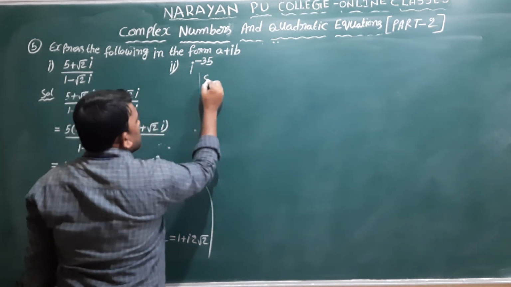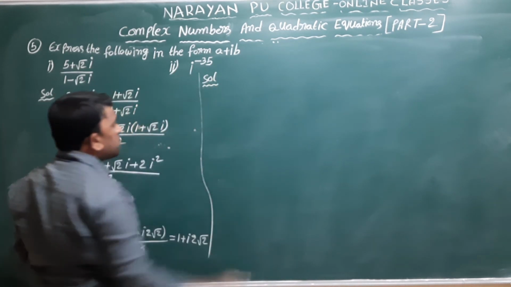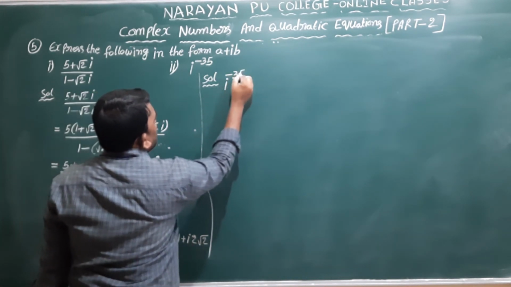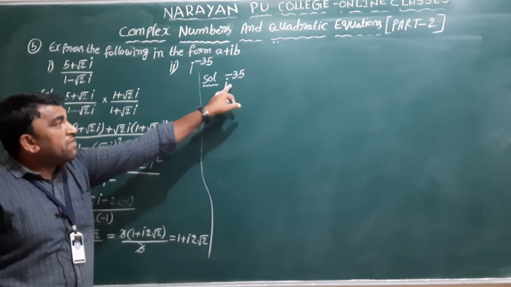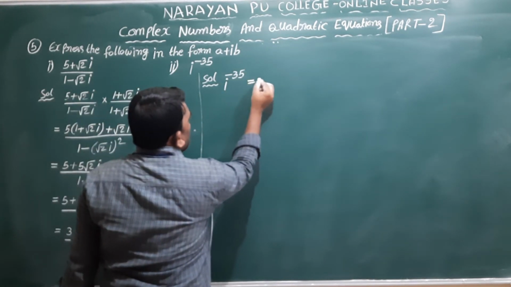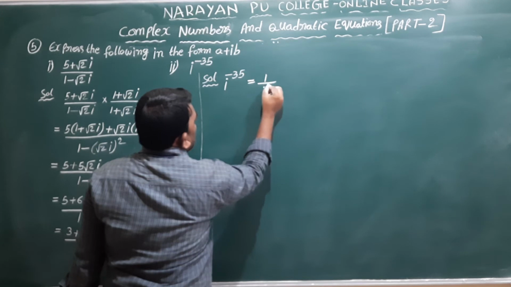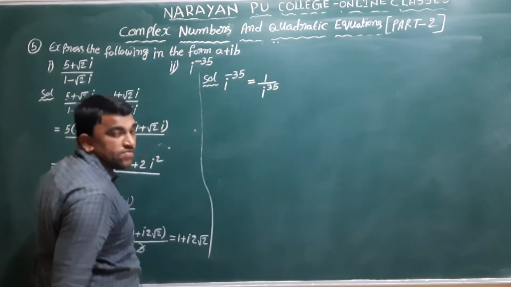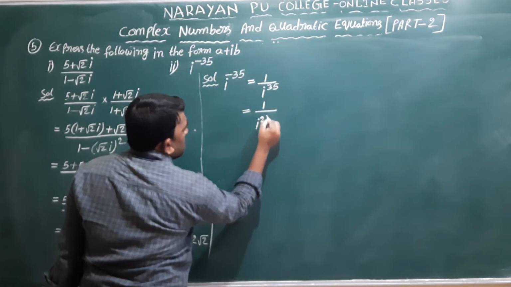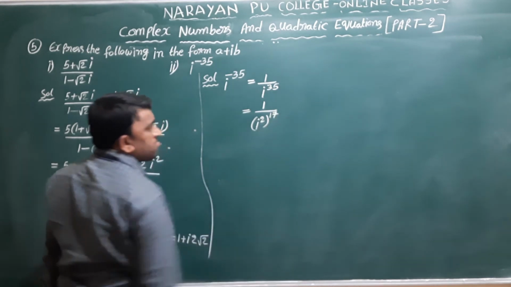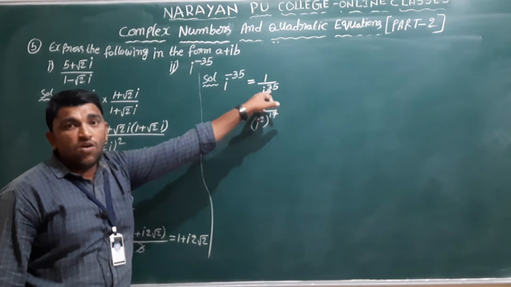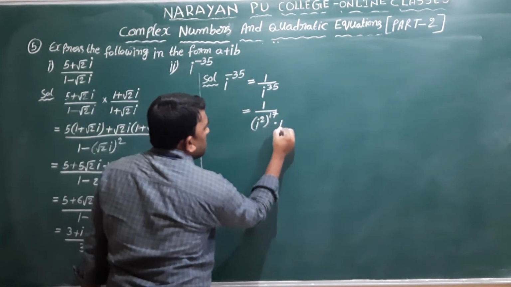Next, the second sub-problem in that example: the value of i power minus 35. We can write it in the denominator as 1 by i power 35. So this is 1 divided by i power 35. We can write this as i square whole power 17, so 17 into 2 is 34, i power 34, and one more i will be there into i.